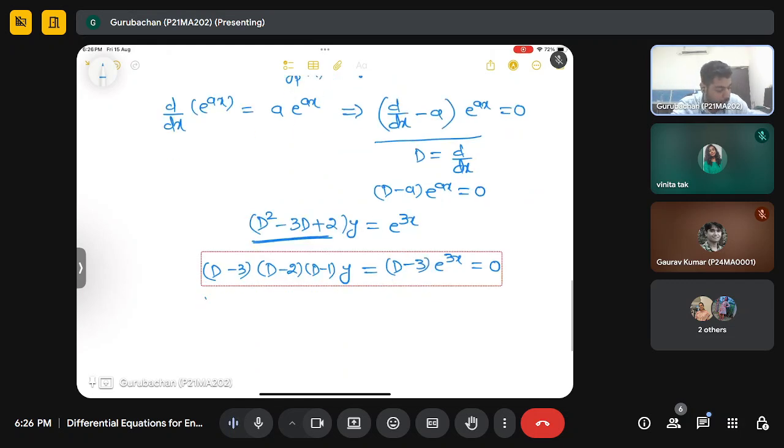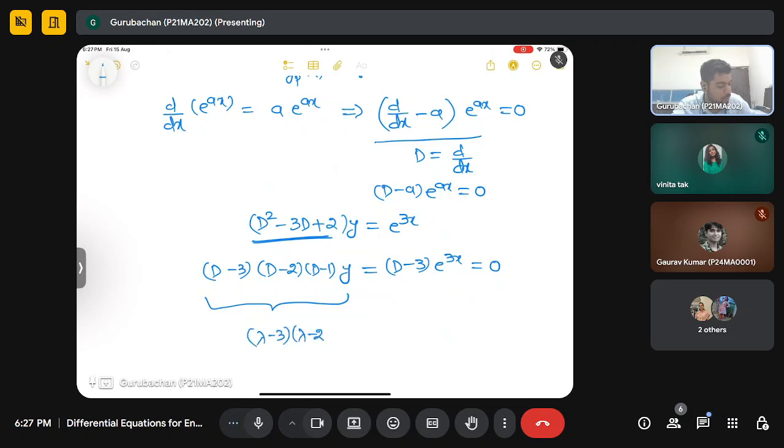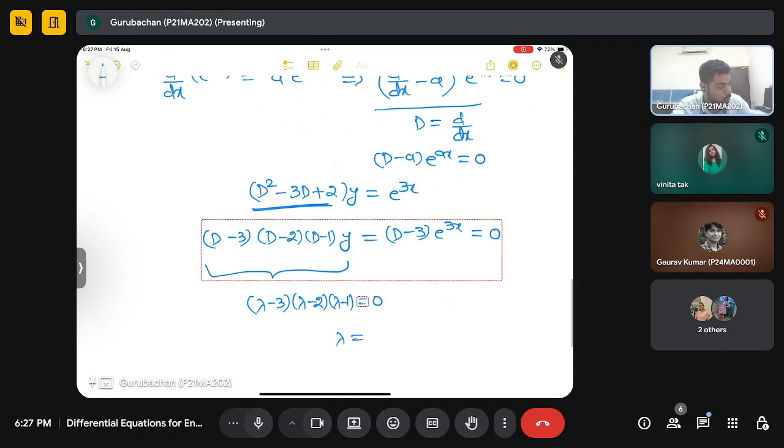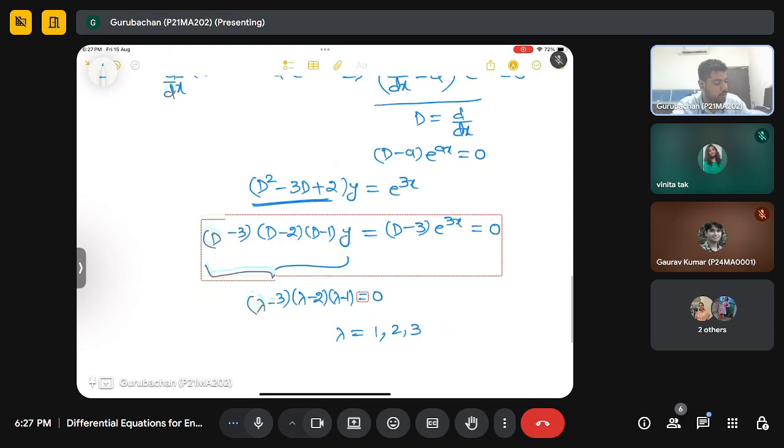So we came to a homogeneous kind of equation. The auxiliary equation will be (lambda minus 3)(lambda minus 2)(lambda minus 1) equal to 0, so lambda can be 1, 2, 3.